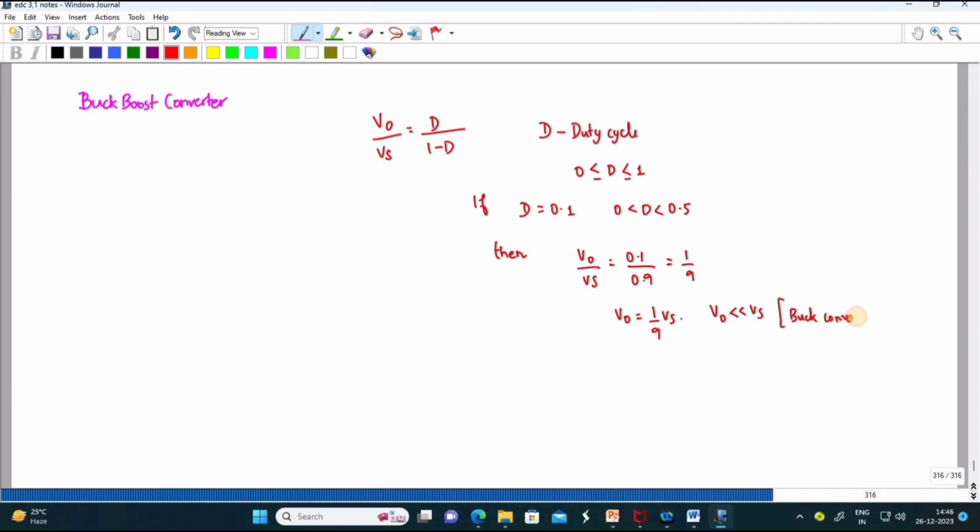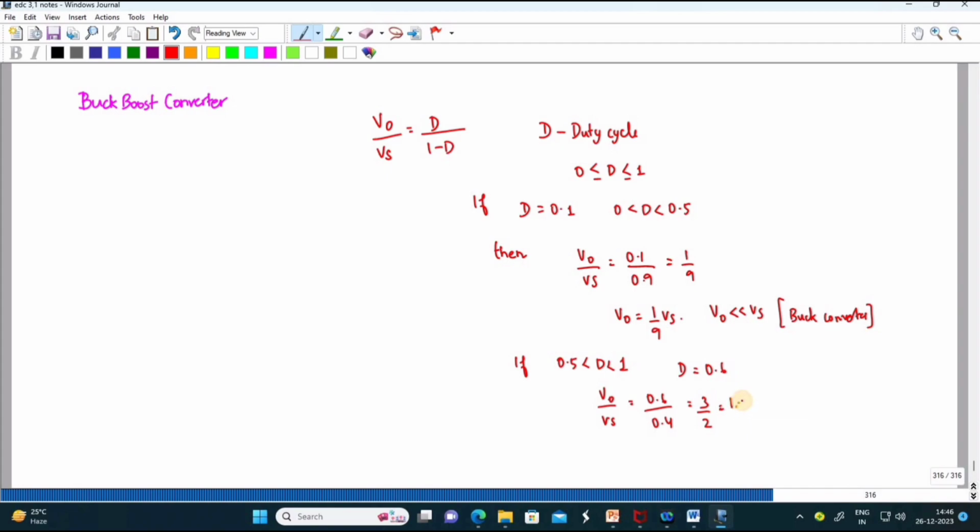Suppose d ranges from 0.5 to 1. For example, let me take d equal to 0.6. So 0.6 divided by 0.4, that is nothing but 3 divided by 2, that is 1.5.